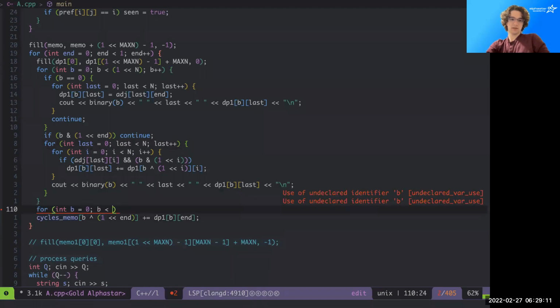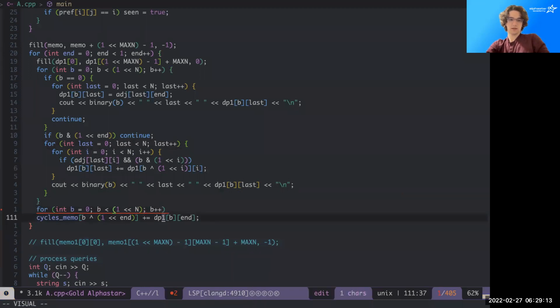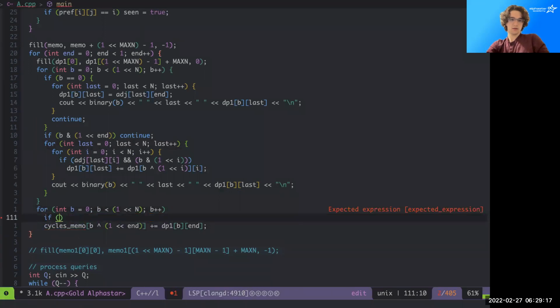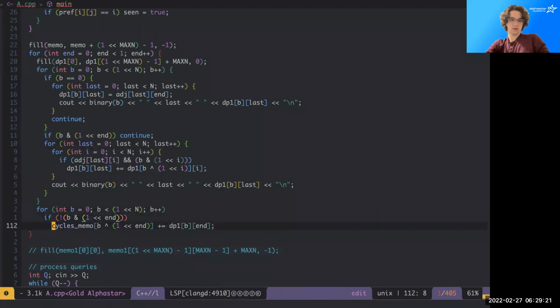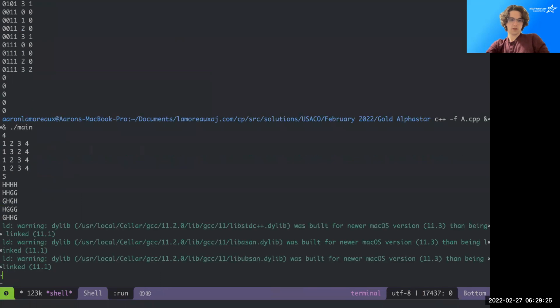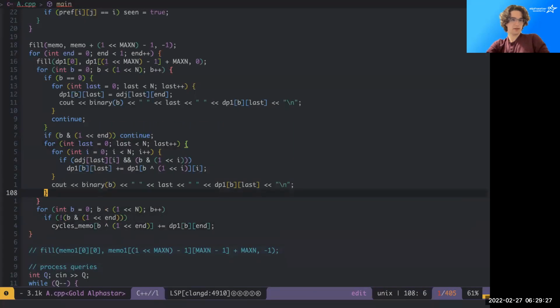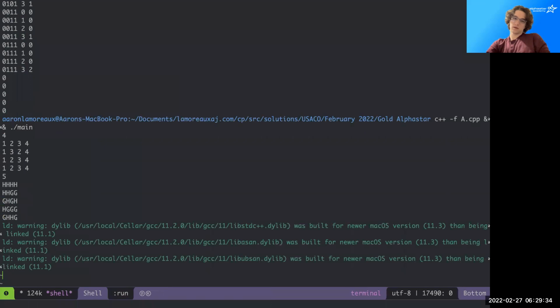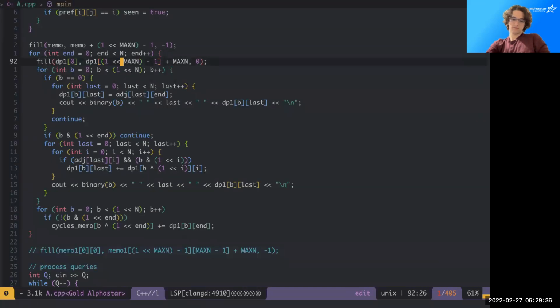I guess we need to do this at the end. That should work, I think. I guess now we need to re-enable the for loop because otherwise this will never work. That was the bug. Interesting output.